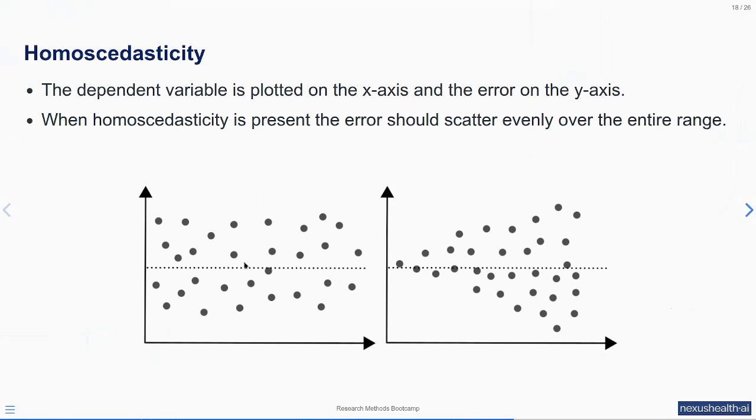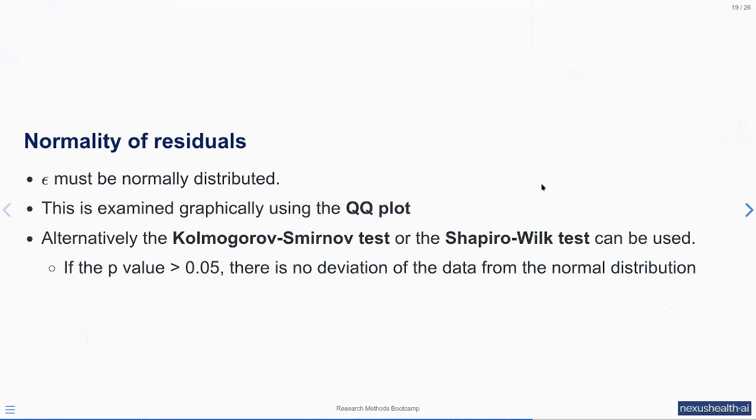They are evenly scattered over the range. In contrast to this, which shows a funnel shape, indicating that the variance does not remain constant, but rather as we go further along, the value of y increases and the variance of the error increases. But we don't want that happening. We want the variance to be constant.